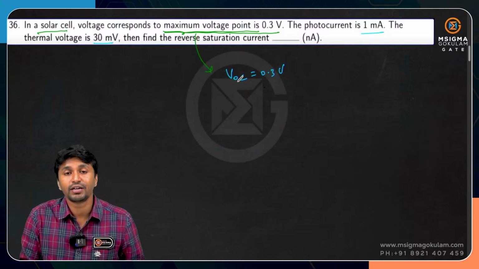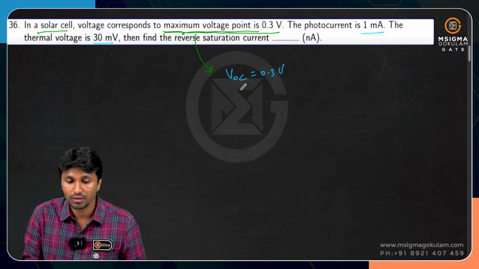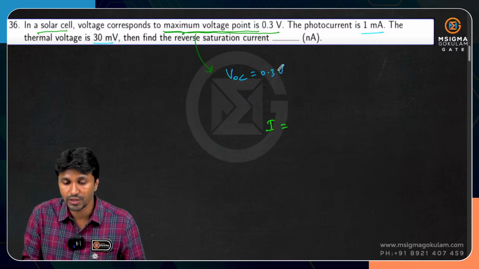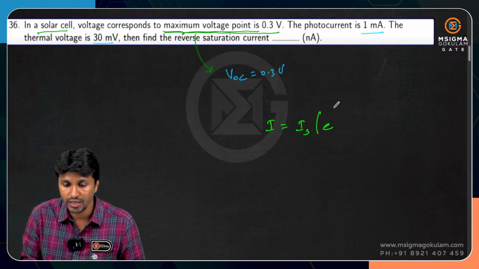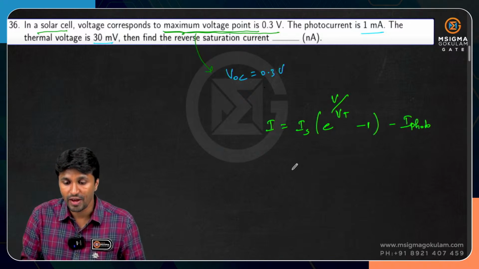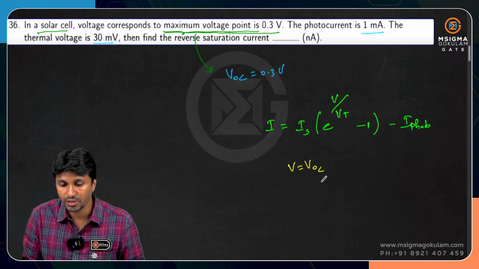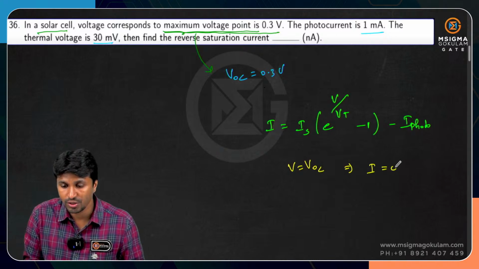So what happens at open circuit voltage? What is the equation for the current? I equal to Is into e raised to V by eta Vt minus 1, minus I photo, right? When V is equal to open circuit voltage, then I is equal to 0.